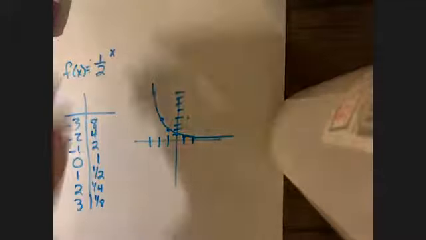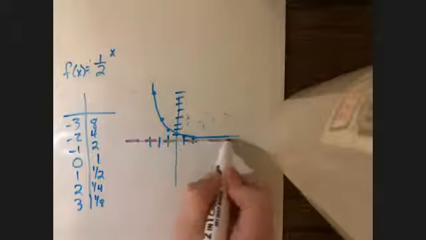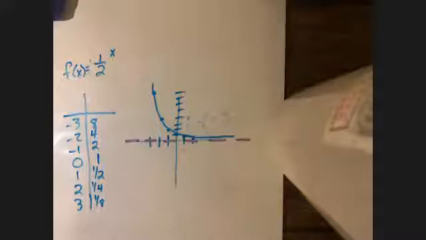And again, this is going to have a horizontal asymptote that sits right here along the x-axis. And again, this is the basic shape for anything that has a base that's bigger than 0 but less than 1, so a lot of those fractiony type values. And so those are our 2 basic exponential shapes that we're going to have.